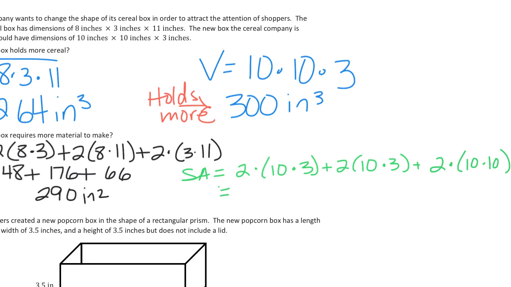And so we end up with 60 plus 60 plus 200, so that is 320 inches squared. So it takes more material.